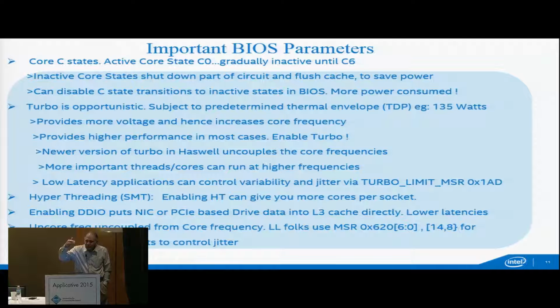With D-pad technology like Dell has, or with turbo limit MSRs, you can keep it at 3 if you wish, or 3.1. But you cannot prevent downward transitions. For all you low latency folks, I want to make this very clear that you can cap it, but the processor being what it is, a few downward transitions at times will happen.